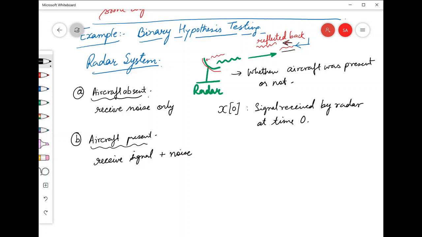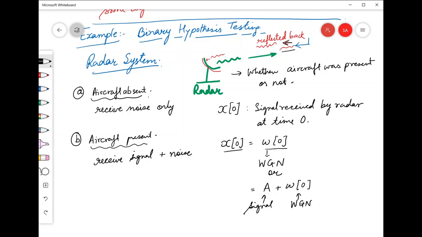There are two options. x0 could be equal to w0, where w0 is white Gaussian noise, or it could be a signal of constant amplitude A plus white Gaussian noise.